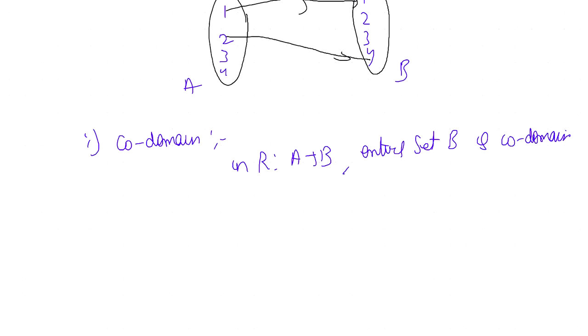The second thing is domain. Now, this is very important. Most of us would think the entire set A is domain. ऐसा बहुतों को लगता है कि entire set domain है, जबकि ऐसा नहीं है. ठीक है.